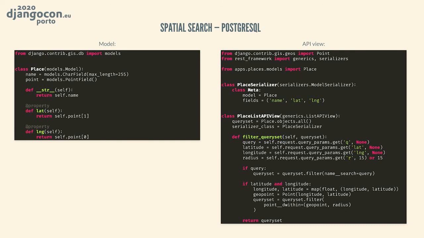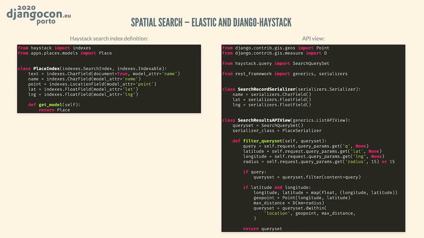On the slide, you see that we outlined a simple model and implemented a simple API endpoint for the Django REST framework, which is doing a query using a search filter and also spatial search using the dwithin filter.